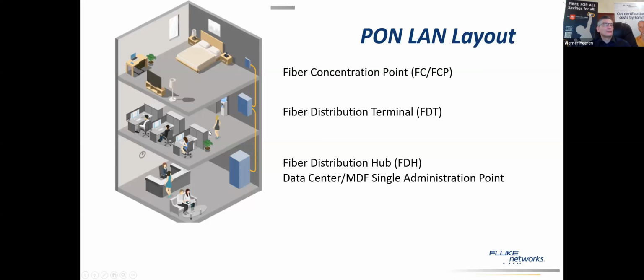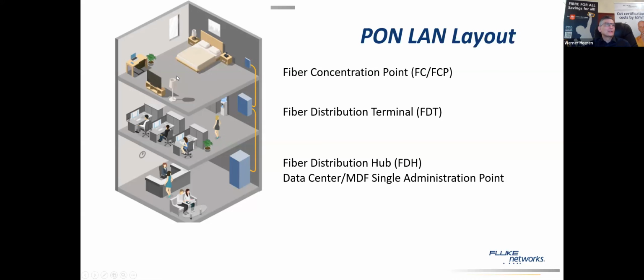In Dubai we have these combinations of enterprises and hotels in one building. But yeah, that's the principle. So you come in through this fiber distribution, go to fiber distribution terminals into fiber concentration points, and from there you can have again different connections.